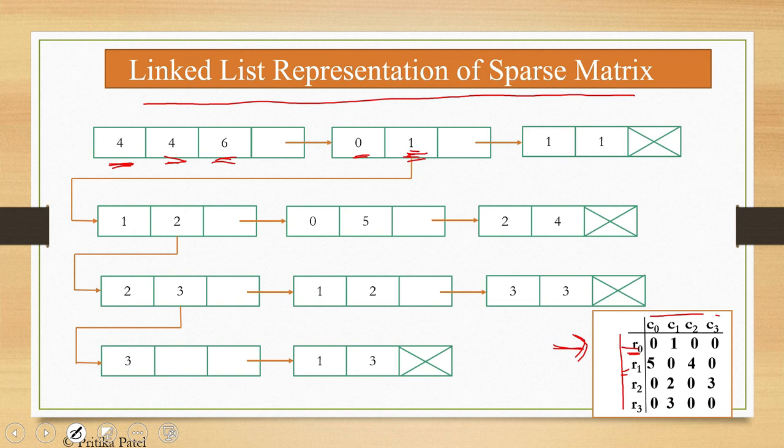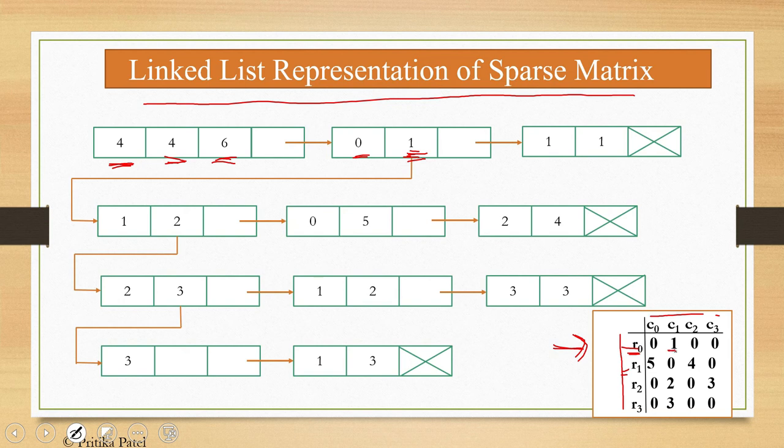Then in the row node, the next thing is the pointer to the column having a non-zero element in the given row. In this row, does any column have a non-zero element? Yes, column number 1.